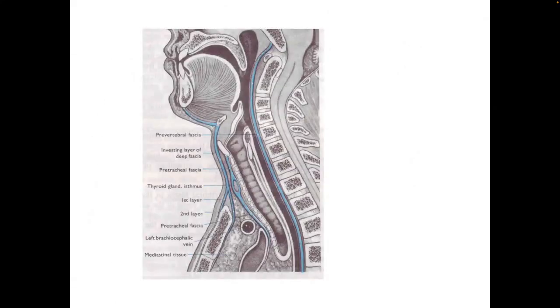So the pretracheal layer, we said, is enclosing the thyroid gland. It also forms the ligament of Berry, which connects the lateral lobe of the thyroid gland to the cricoid cartilage. With the thyroid gland, we will again explain what the ligament of Berry is.